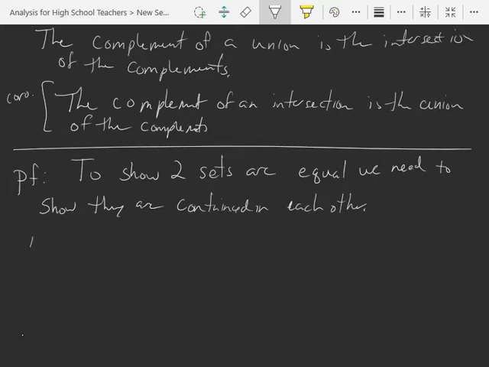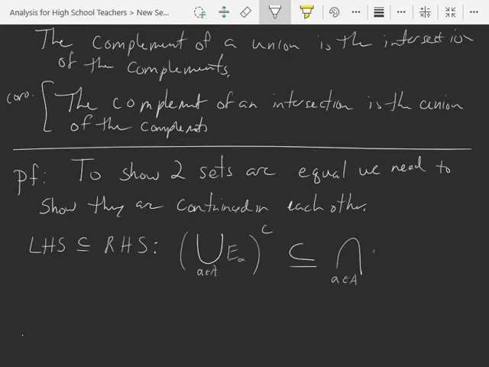So we'll first start by showing the left-hand side is contained in or equal to the right-hand side. Okay, so let's look at what this says again. The left-hand side was the complement of the union over alpha in A of E sub alpha, right? We want to show that that's contained in the intersection over alpha in A of E sub alpha complement.